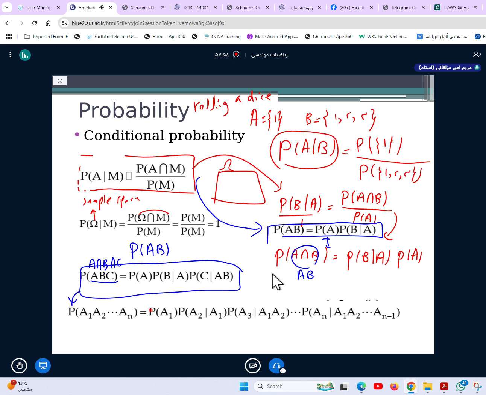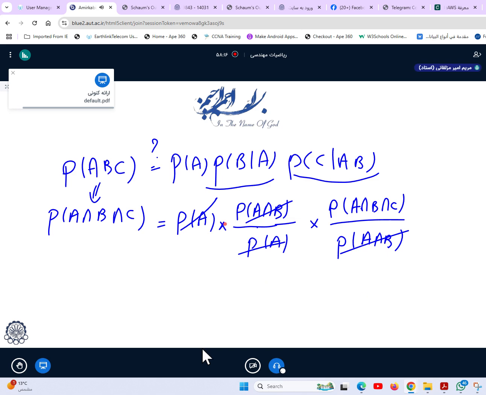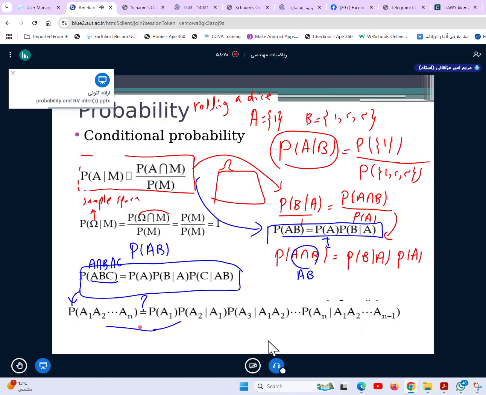Okay. You can simply prove these formulas. The way of proving this formula is completely similar to the way that we prove this formula here. You can prove this formula in a similar way. Okay?